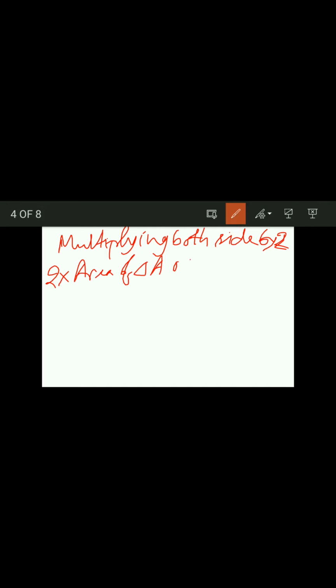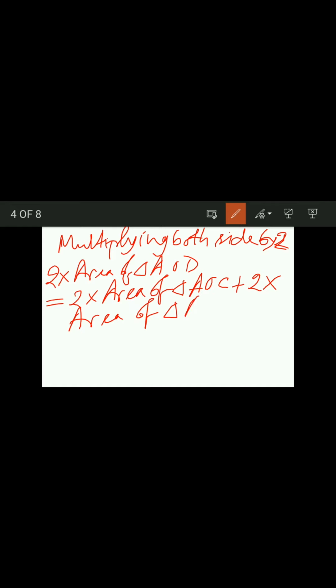Now multiplying both sides by 2, 2 into area of triangle AOD equals 2 into area of triangle AOC plus 2 into area of triangle AOB.